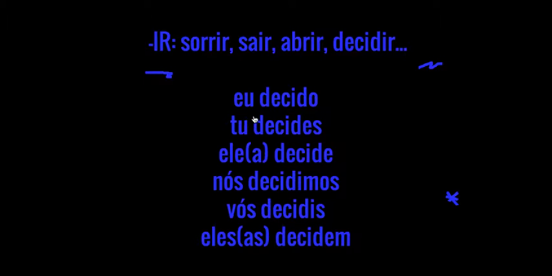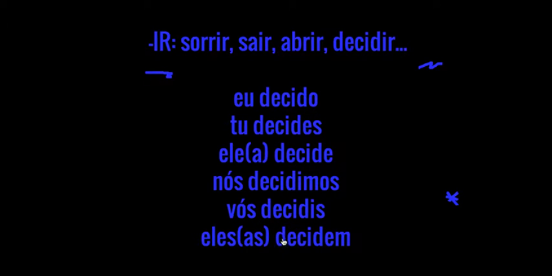Second person singular, tu decides, you decide. Third person singular, ele or ela decide, he or she decides. Then first person plural, nós decidimos, we decide. Then second person plural, vós decidis, you decide. And then the third person plural, finally, eles or elas decidem.